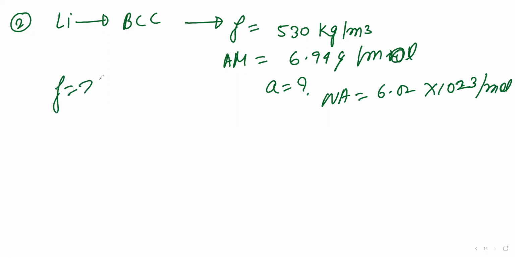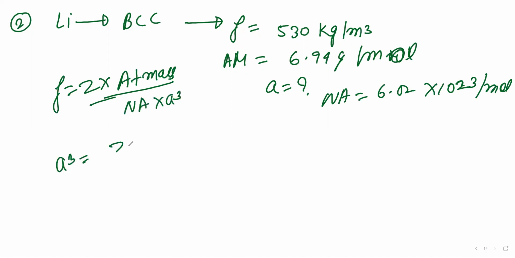So density is nothing but Z into atomic mass divided by Na into A cube. So A cube equals Z into atomic mass divided by Avogadro number into density. Put the value 2 into 6.94. Coordination number for BCC is 2.